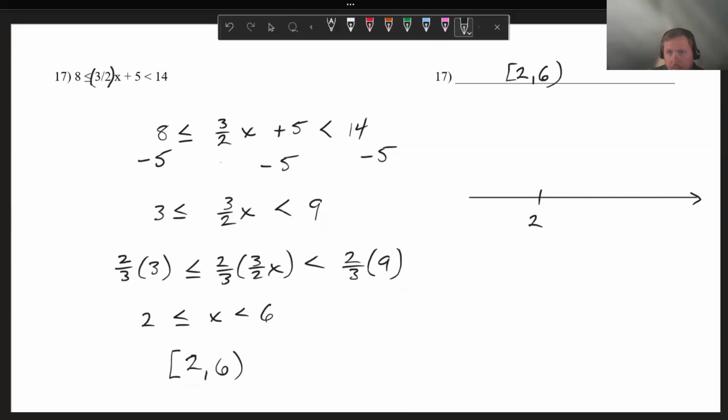And you don't have to get too fancy with this. So as long as you understand this, I'm not too worried about you articulating out the whole thing. It's going from 2 to 6. We're inclusive on the 2, not inclusive on the 6.